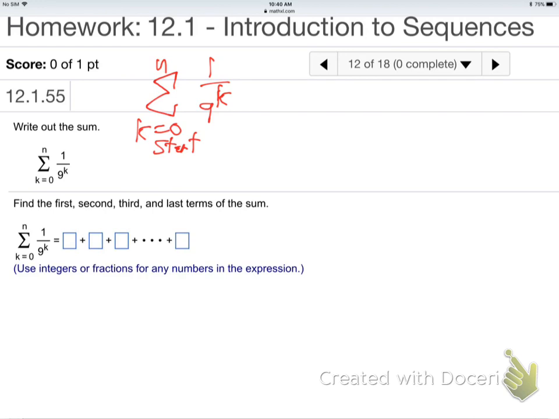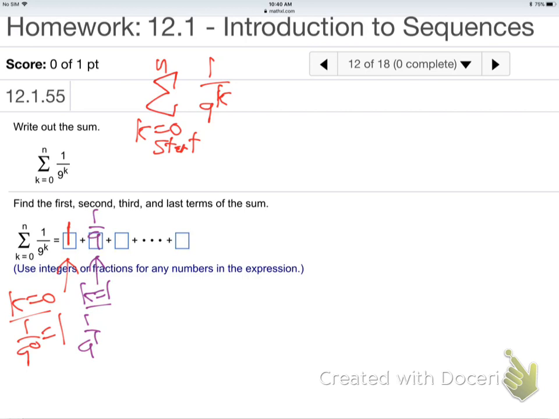For this one, we're going to plug in k equals 0. So it'll be 1 over 9 to the 0. What is 1 over 9 to the 0? 1, because anything to the 0 power is 1. Next one, k equals 1: 1 over 9 to the 1, that's 1/9.